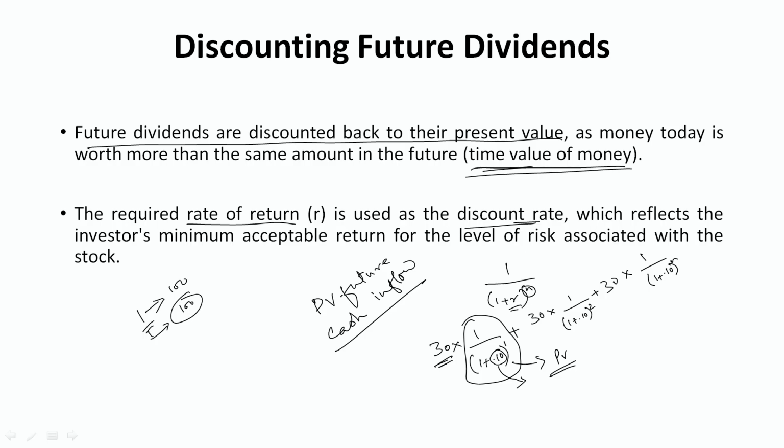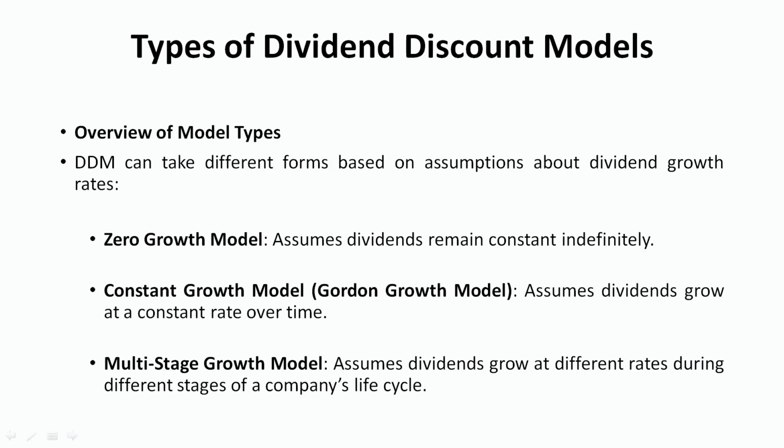Either I can find out the normal rate of return which is available in the market, that could be considered, or the minimum acceptable rate which as an individual I expect, I can consider that also. So based on this, the future dividends are being discounted, and this is how the calculation is being done.